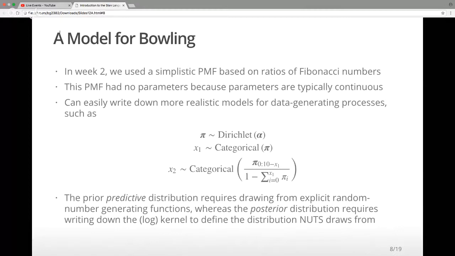Anyway, we have a simplex vector pi of size 11, and in a generative model we can describe our beliefs about pi, or at least we could if I could correctly pronounce whatever distribution this is. But I do know that the distribution is defined for simplex vectors, and it takes a vector of size 11, alpha, which is basically the shape parameters of the distribution. Those have to be positive. They don't have to add up to 1, they just have to be positive.